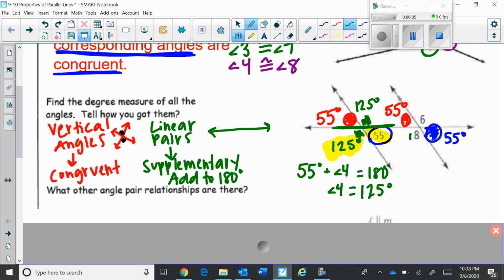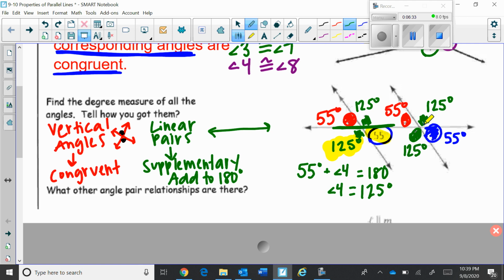Angle 8. And we talked about how corresponding angles are congruent. So if that angle is 125, angle 8 is also 125 degrees. And then going back to vertical angles, across from 125 is angle 6. Because those are vertical, that is also going to be 125 degrees.